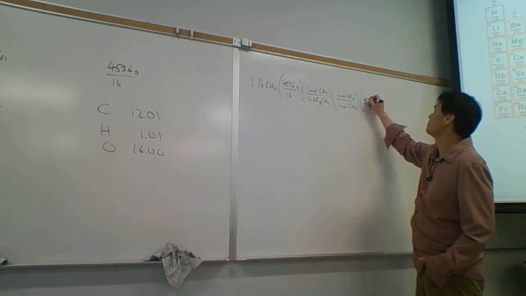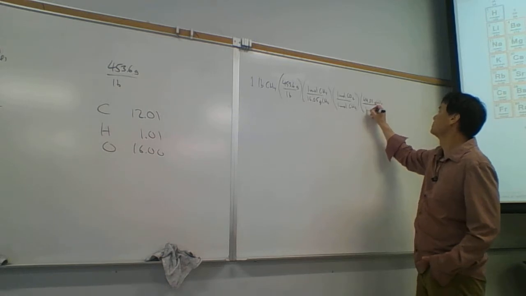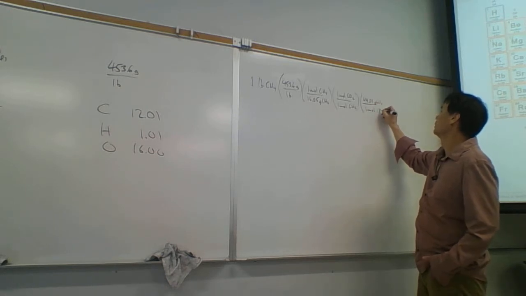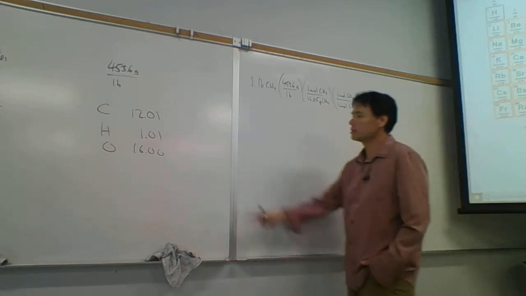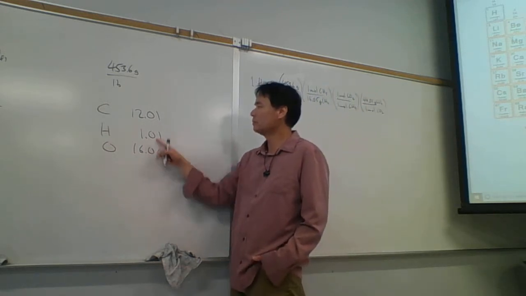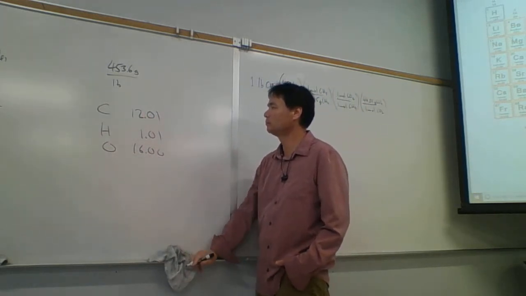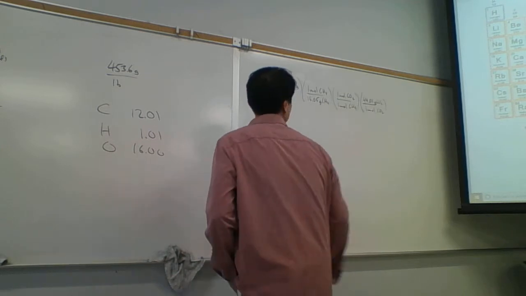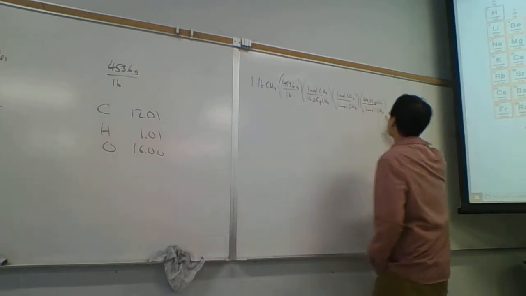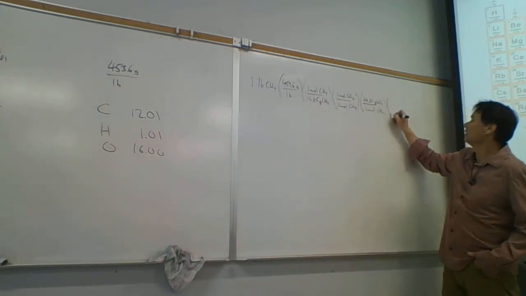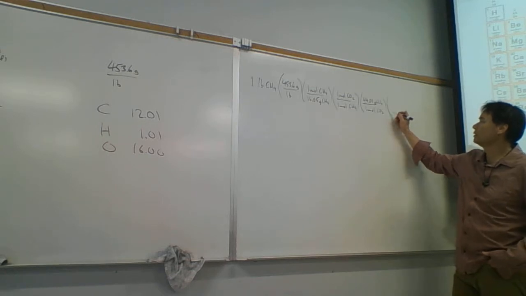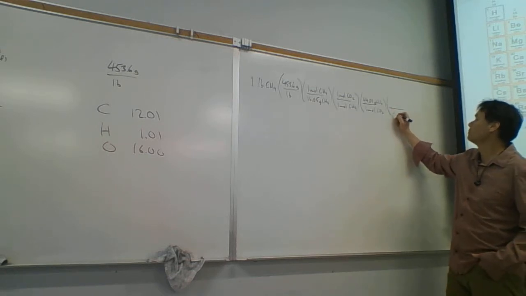44.01 grams of CO2 over 1 mole of CO2. Right, 2 oxygens gives me 32.00 plus a carbon gives me 44.01. So this is the same molar mass I would have gotten here. And then finally, we don't want grams, we want pounds.